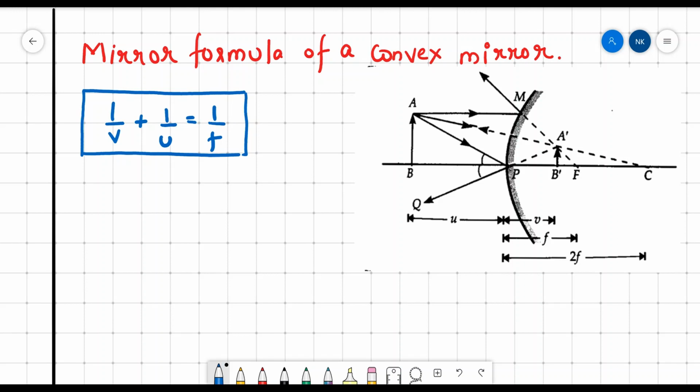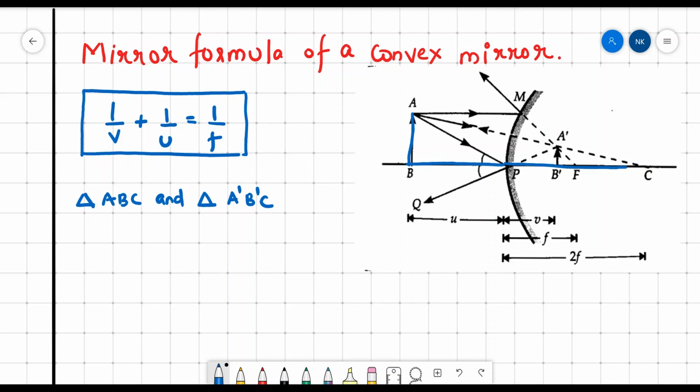As we discussed in the case of the concave mirror also, first of all we need to find those two sets of triangles. My first set of triangles is triangle ABC and triangle A dash B dash C. Sorry, not A dash, it's A dash B dash C. You might have got it.